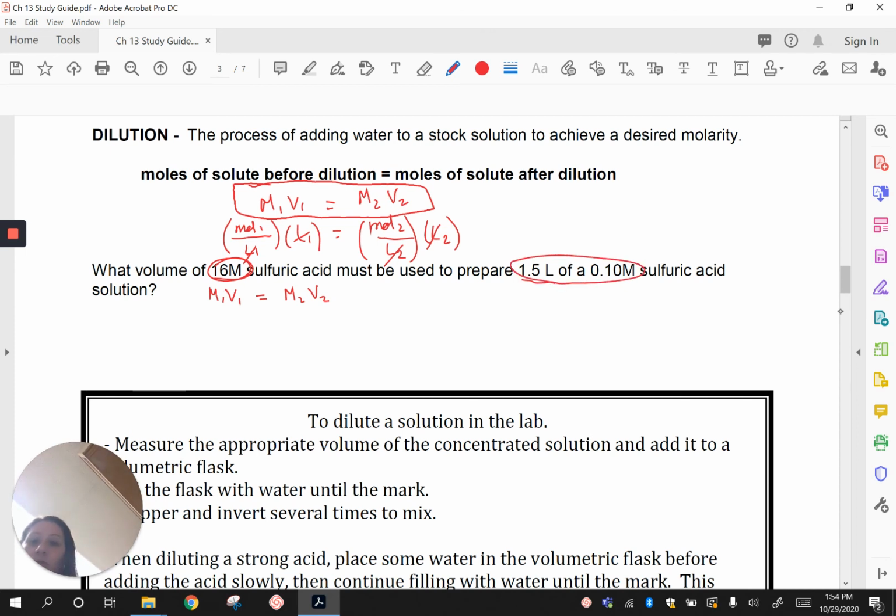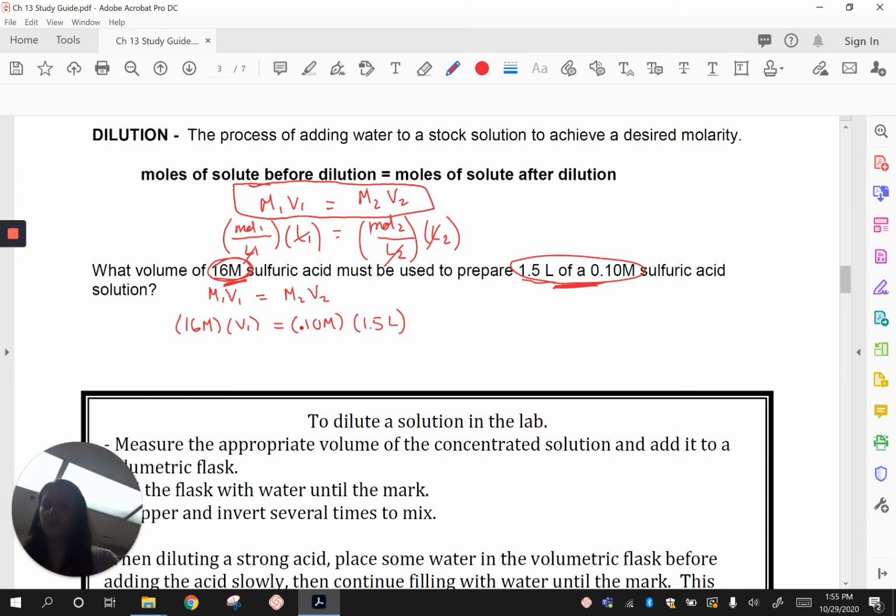So this is one solution right here, and this is my other solution. So I'm going to say 16 molar times V1, or X, is equal to 10th molar times 1.5 liters. And I solve for V1. That's how much of my concentrated stuff I need to use.